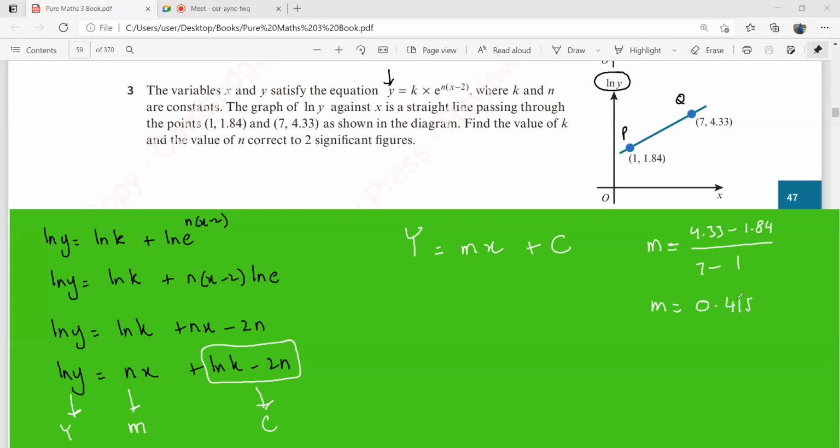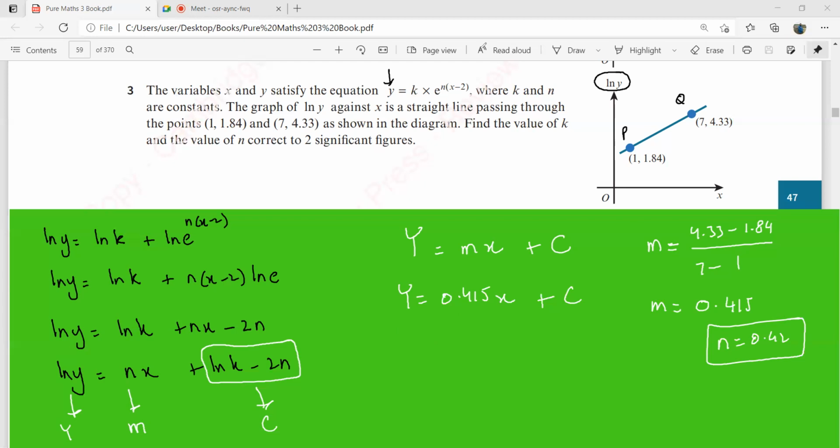Okay. Now this equation becomes y is equal to 0.415x plus c. Now, the final answer, this n would be 0.42, correct to two significant figures. Now let's put this point p into it.